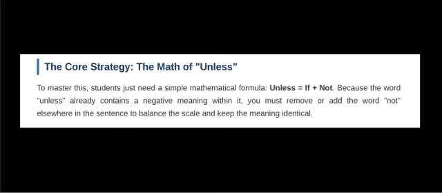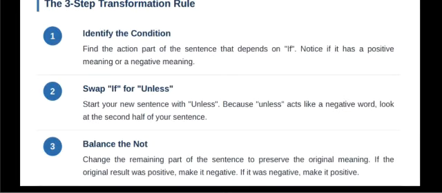Okay, let us now shed more light on our core strategy so that we are able to understand it. Here is the 3-step transformation rule that I prepared for you in order for us to understand what our core strategy is talking about. The first step is identify the condition. What do we mean by identifying the condition?